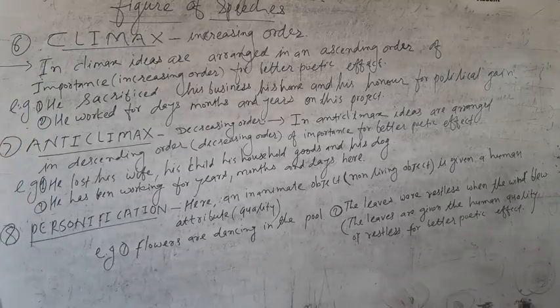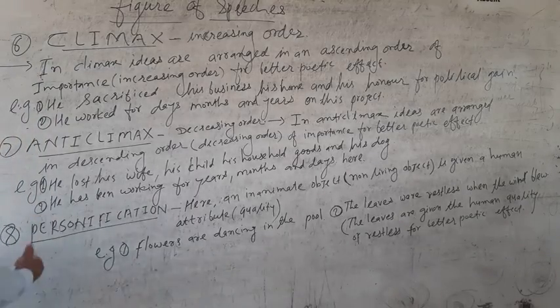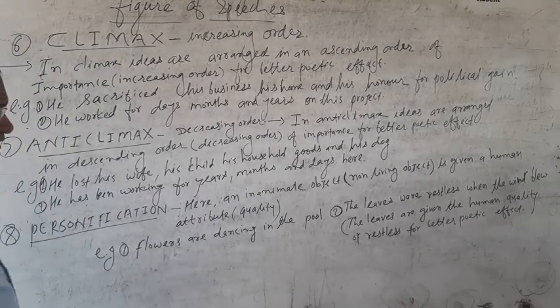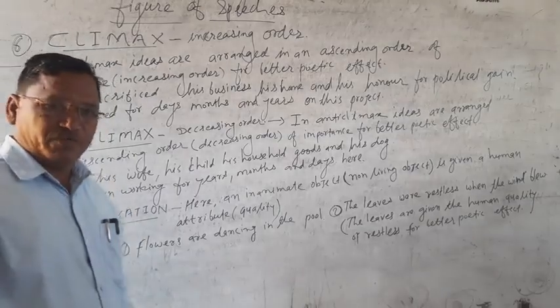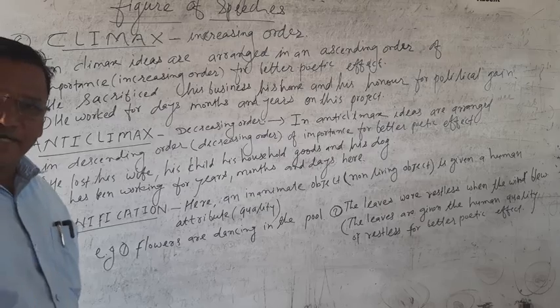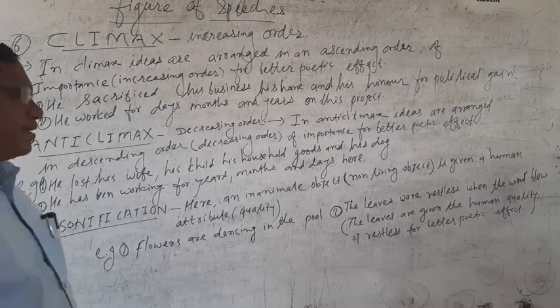Now see here, the third one is personification, such an important figure of speech used by the poet in the poem for better poetic effect.